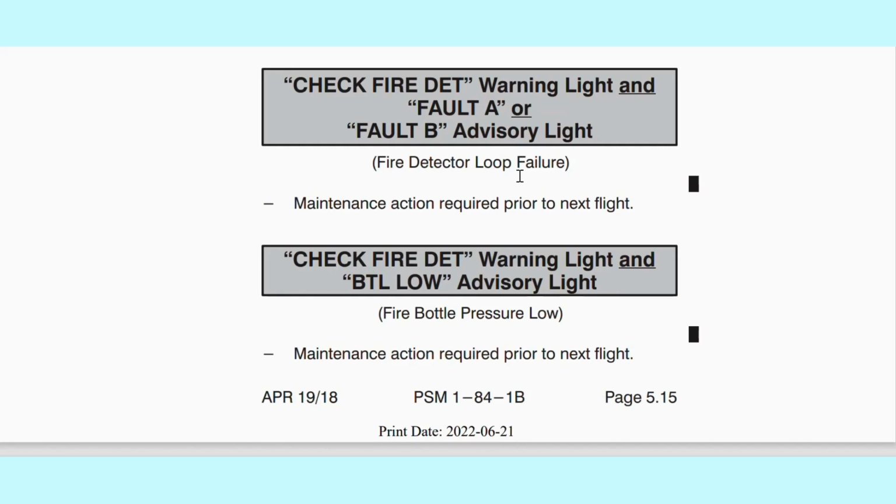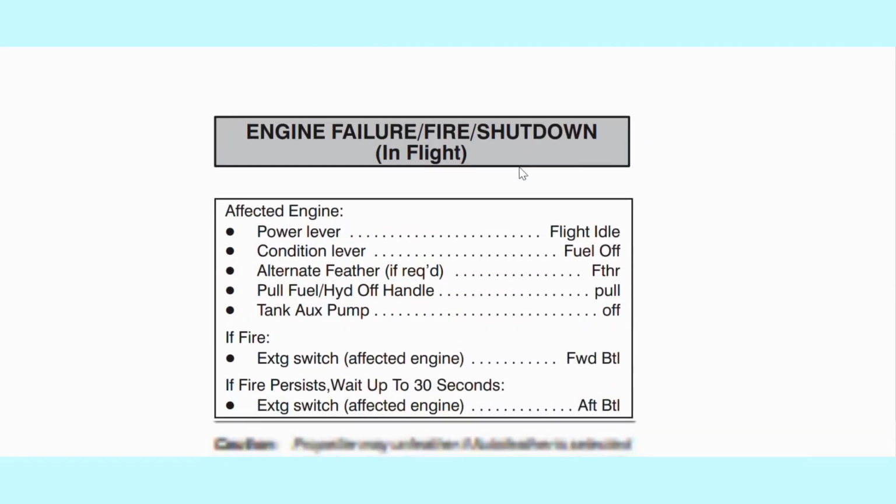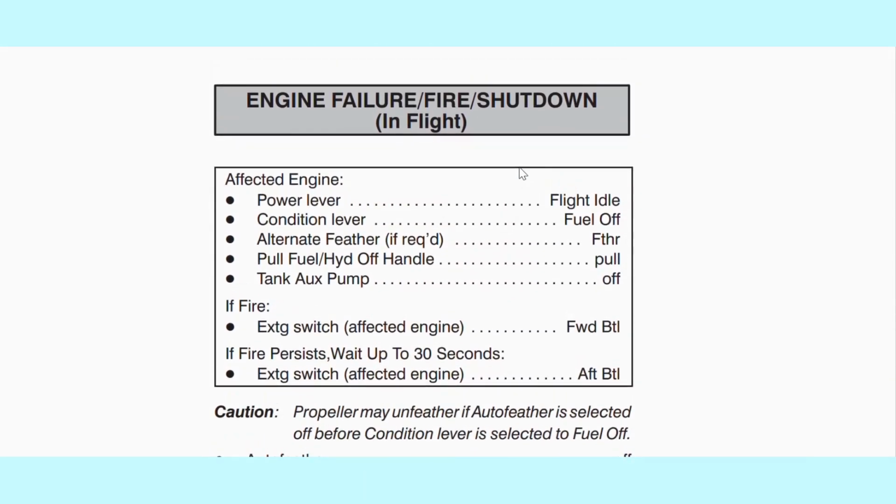Okay, last one on this section is our engine failure fire shutdown checklist, which we've been seeing coming in the previous couple of items. So here it's very simple. You have to commit this to memory. I have memorized it using a mnemonic.